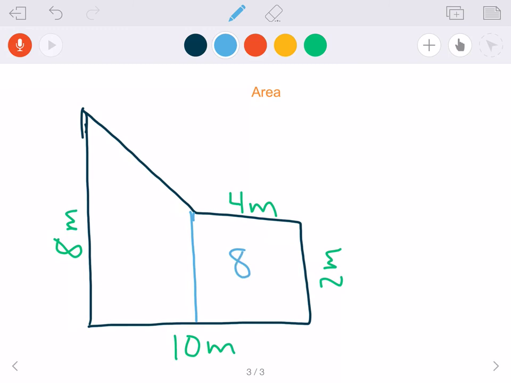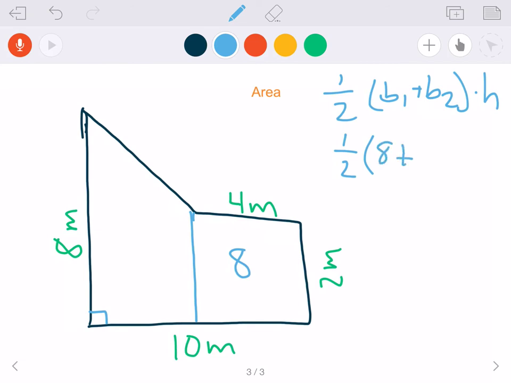Now we have to figure out the area of this trapezoid. The nice thing is we know that it's got a right angle right there. But with a trapezoid, I need to do half of the base 1 plus base 2 times the height. Base 1 would be 8. Base 2 is this blue distance, which is 2.